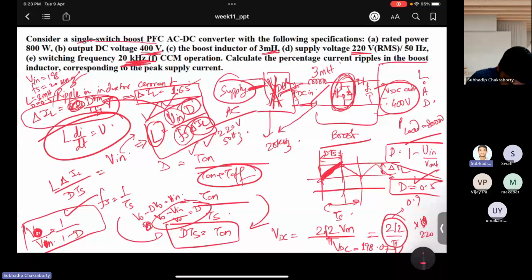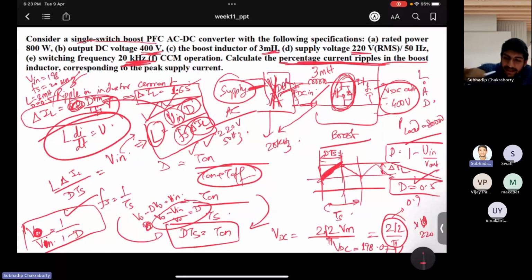Yes, so calculate the percentage current ripple. What is the percentage current ripple? To know the percentage current ripple, you need to know the average inductor current. What is the average inductor current? Can anyone tell me? For a boost, it is nothing but the supply input current.